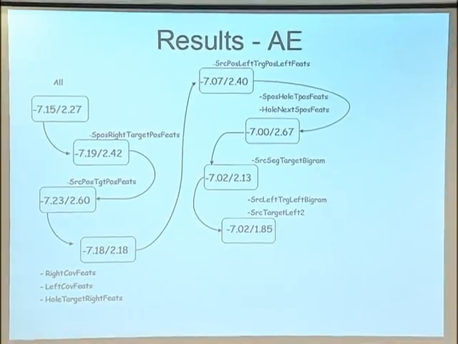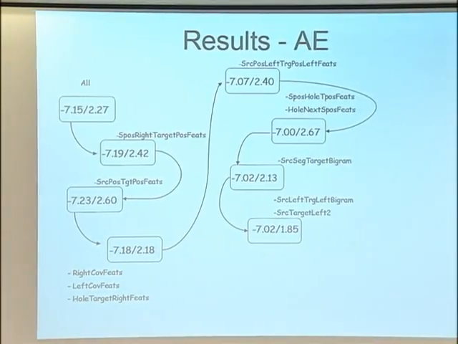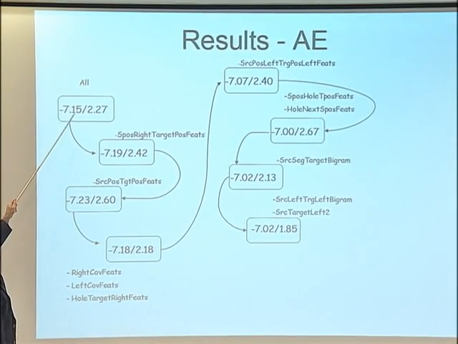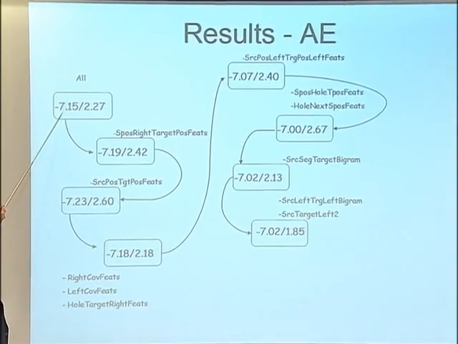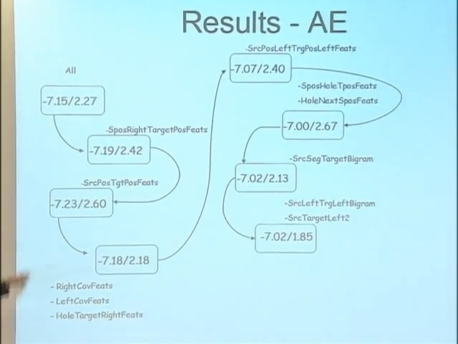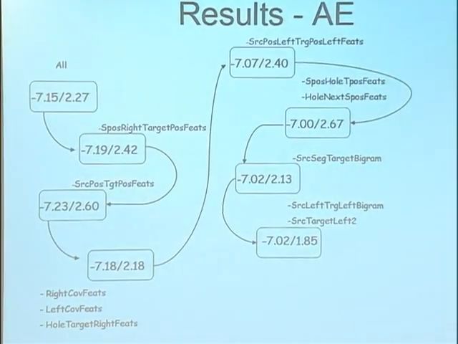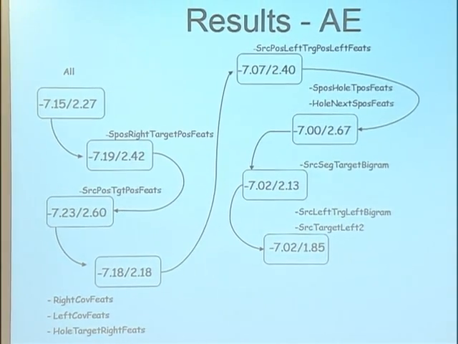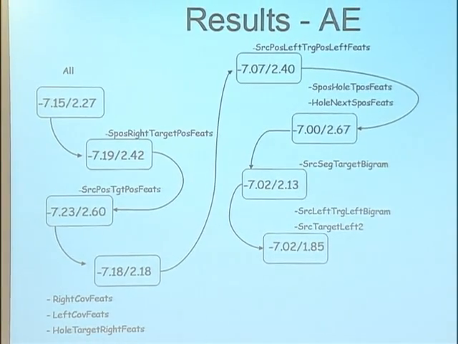Okay, so do any of these features make any difference? This analysis kind of shows you that. If you use all the feature types, you get this result, minus 7.15. I should say what this measure is. There are two metrics, BLEU and TER, and what we use is a combined metric called TER minus BLEU. That's why it's negative.